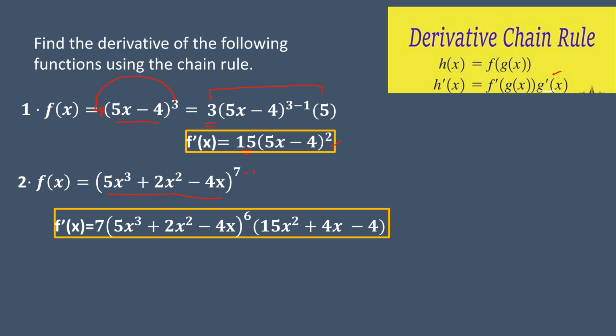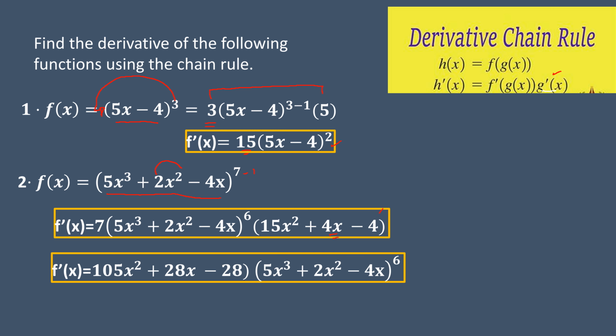So the derivative of 5x cubed is 15x squared, and then 2x squared is 4x, and the negative 4x is negative 4. To further simplify, we can only multiply the 7 and this expression. Why? Because it has an exponent of 1 overall. So we can simply distribute the 7 to its terms.